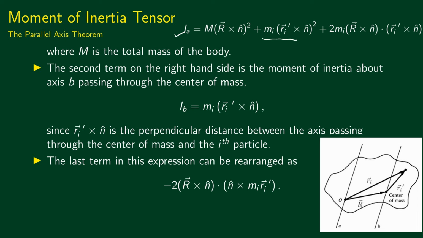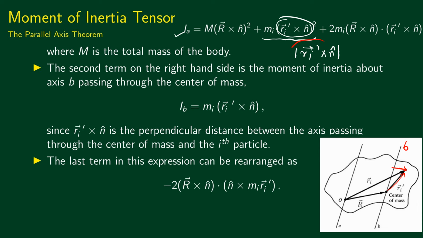Let's take a look at the second term here. Now here we have Ri vector prime cross n hat. Clearly the modulus of Ri vector prime cross n hat is the perpendicular distance between axis B and the ith particle, just as we said before.